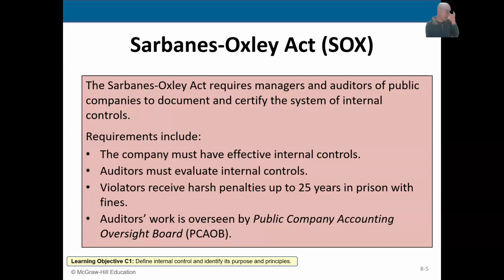You'll notice that for individuals who violate the Sarbanes-Oxley Act, they can receive up to 25 years in prison and a whole bunch of fines. In the Enron case that I had referred to earlier, there were a couple of high officials in the company that did go to prison. A few of them had passed away in prison, and then others got out and still owed millions and millions of dollars back to the shareholders.